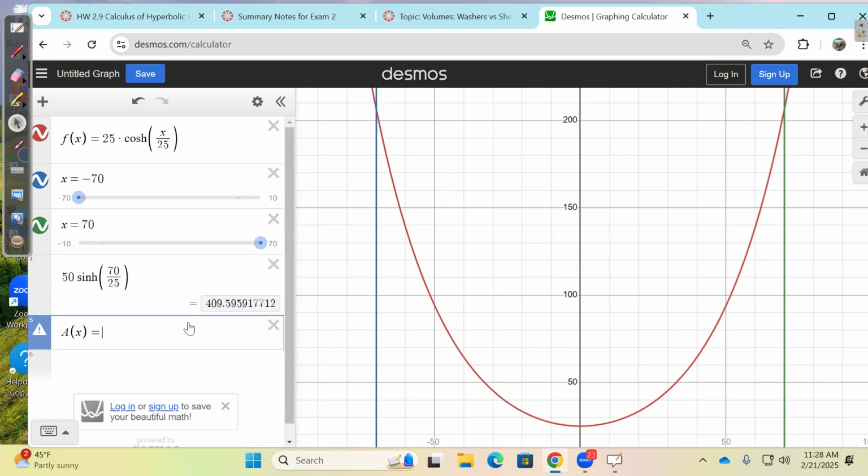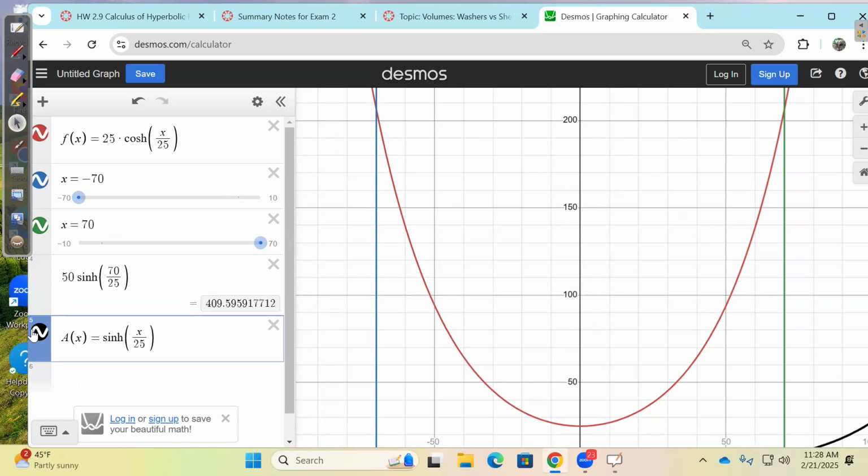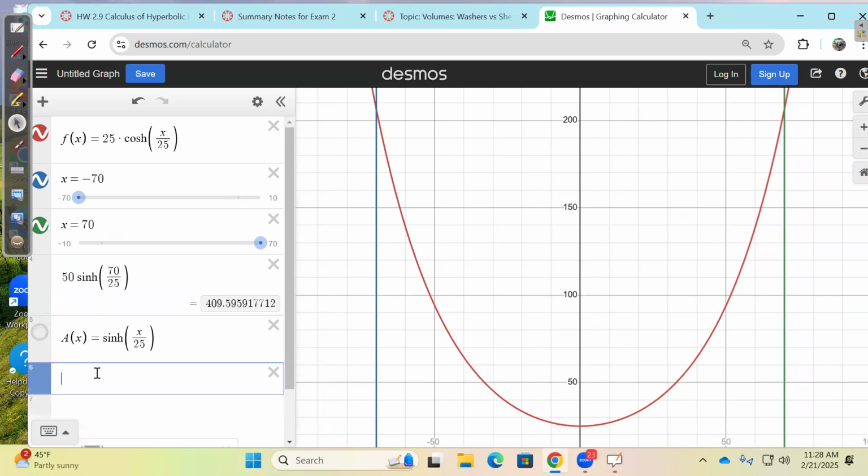And the 25's cancel. That's just the sinh of x over 25. And again, I didn't have to do this, but I'm going to. I want to do the original one, not twice the integral. Make sure I get it right.